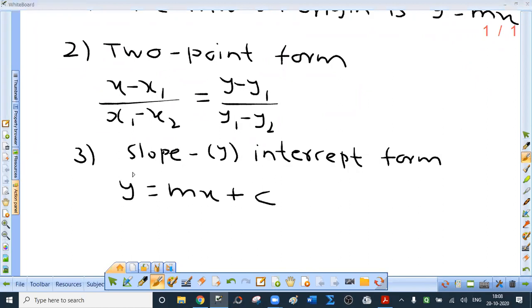Okay, I will repeat this. Equation of a line with slope m and y-intercept c is y equal to mx plus c.